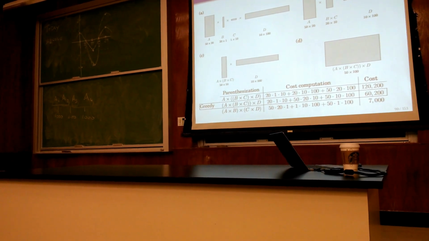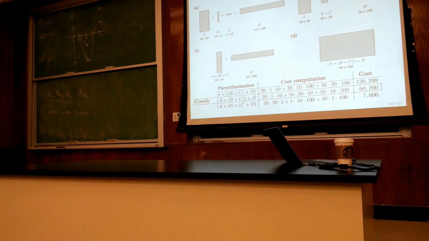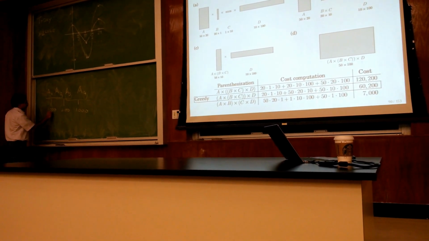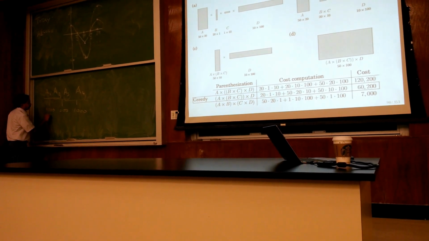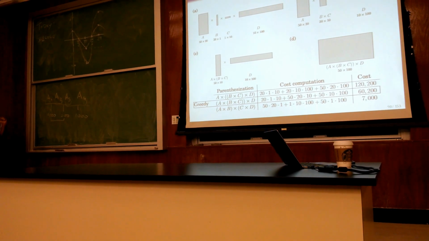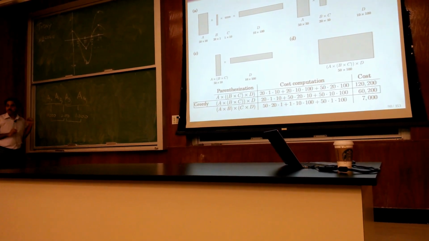Then in the next iteration, you're going to consider sequences of 3. For sequences of 3, you can either pick these two, or you can pick these two.